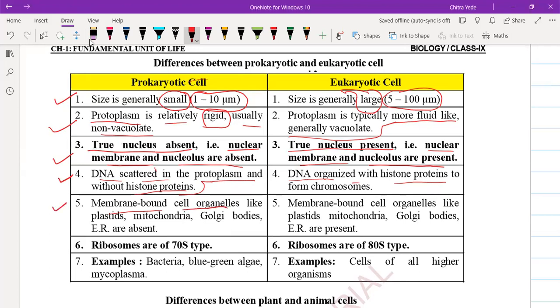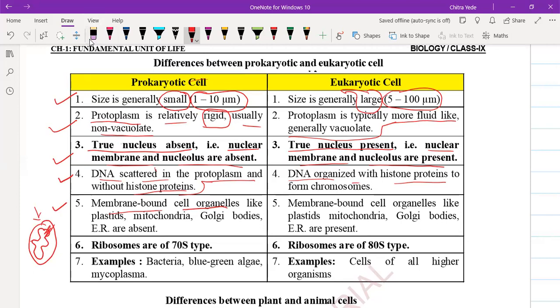So membrane bound means, suppose here we have the mitochondria. That mitochondria appears separately because a membranous structure is present there. Right? Yes, sir.